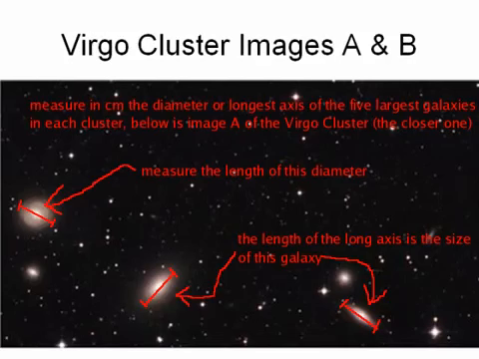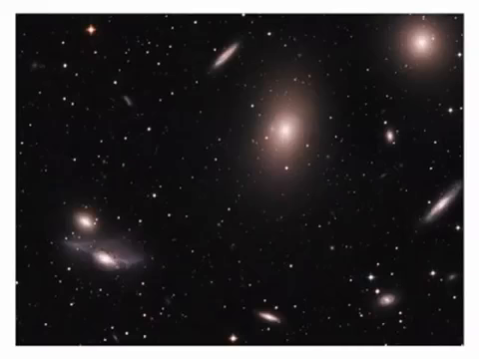Okay, let me go to the Virgo cluster B image. There's one that looks a little bit distorted, so we probably want to stay away from that one.